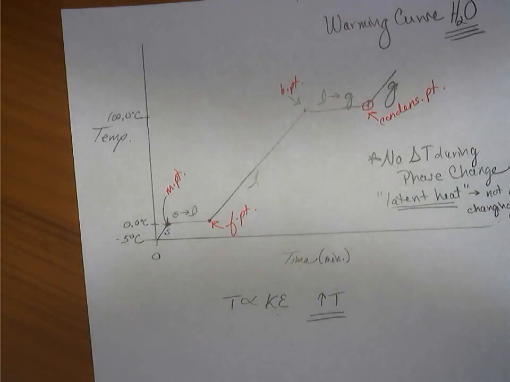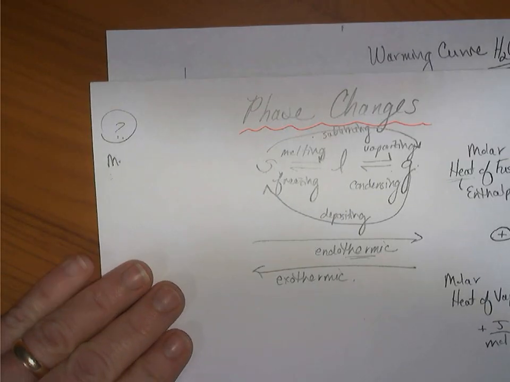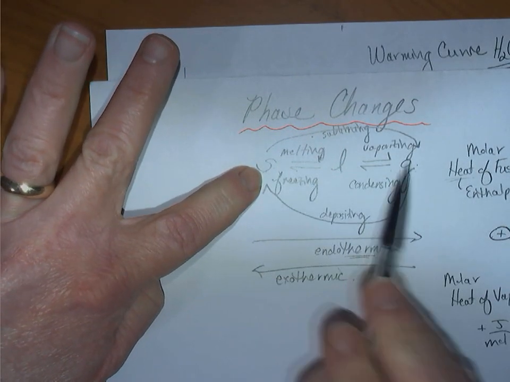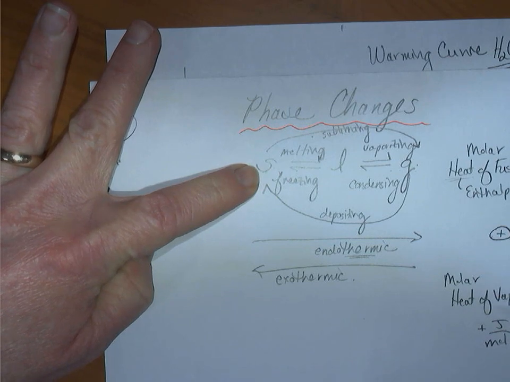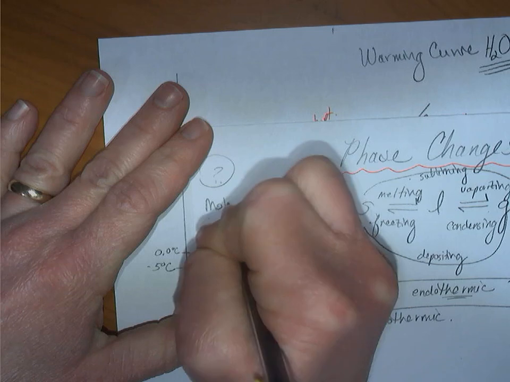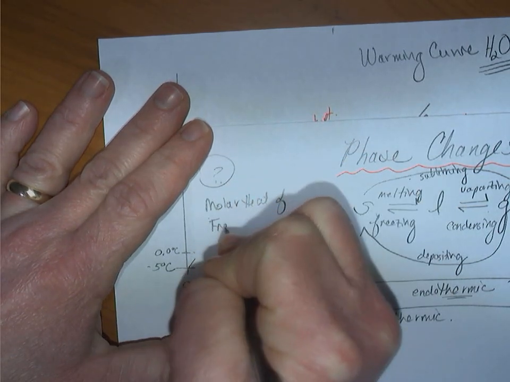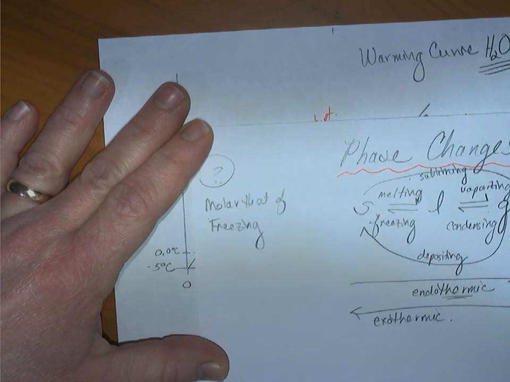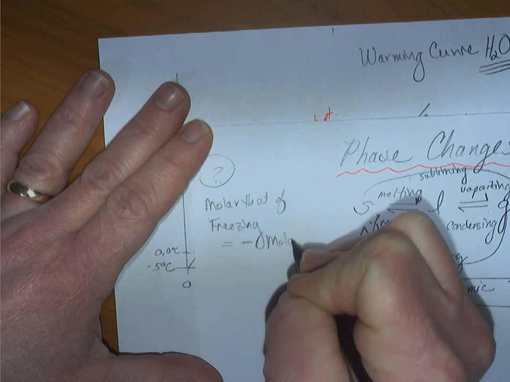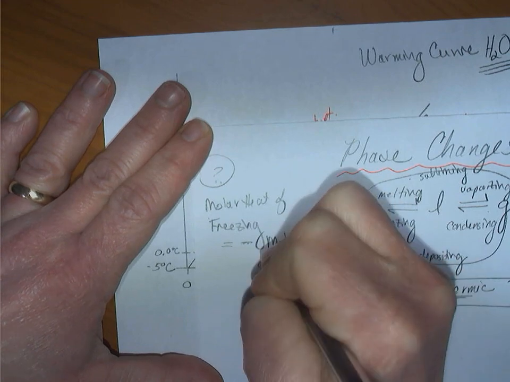So we'll go back to where I left you in suspense. So if we are going in the endothermic direction, it's the molar heat of fusion and the molar heat of vaporization. Well, what would be the molar heat of freezing? Well, that would be just the negative of the molar heat of fusion.